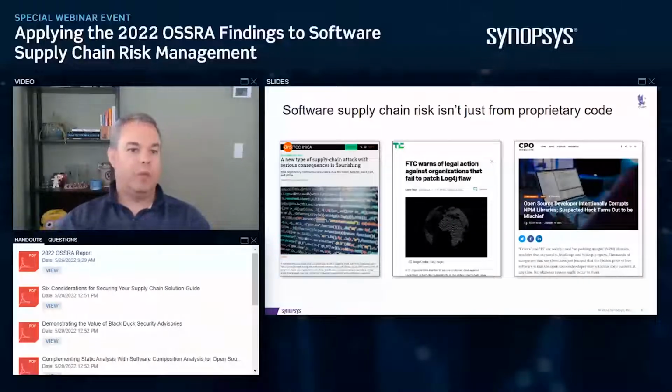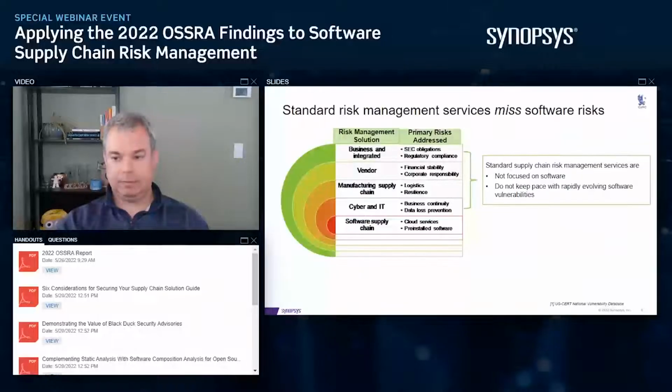And those government regulations can be quite substantial in terms of the teeth behind them. So, for example, there was about $170 million in fines that was applied to Equifax as a result of them not adhering correctly.